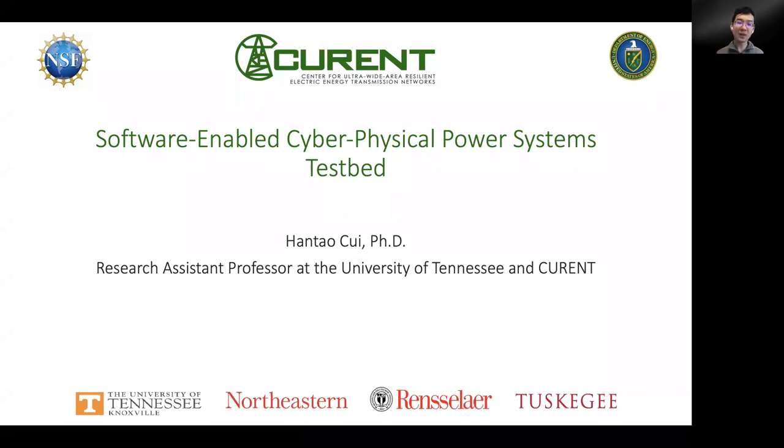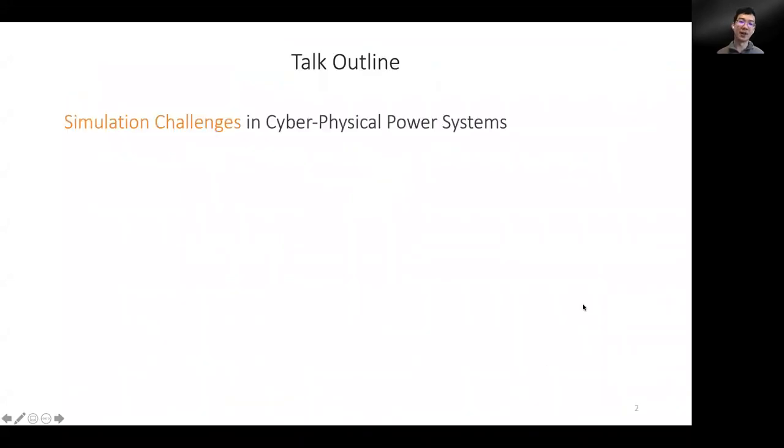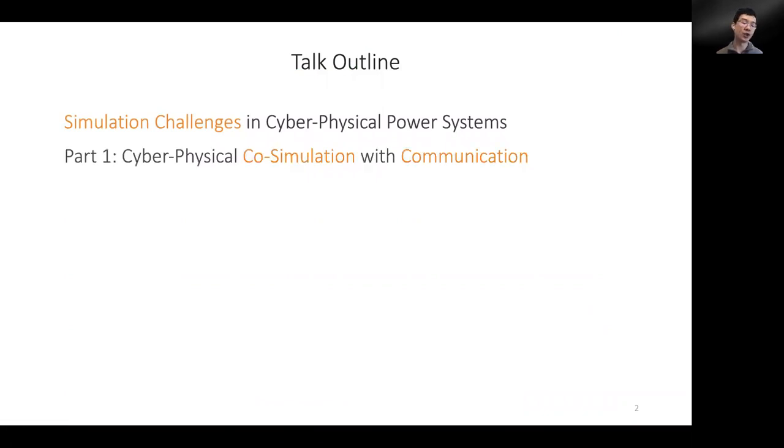So the talk will provide an overview of the simulation challenges in cyber-physical power systems and cover 2 parts. The first part is about cyber-physical co-simulation with communication. I'll define those concepts in a minute.